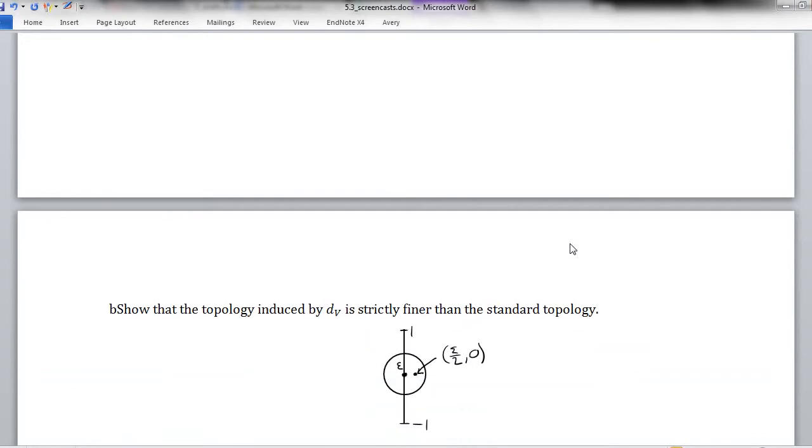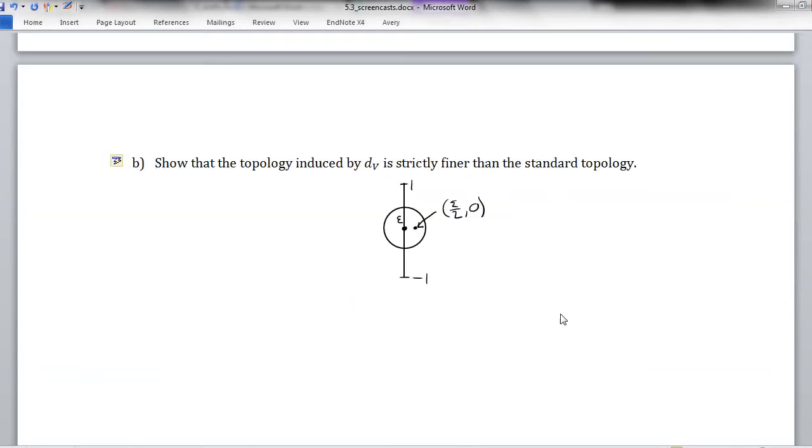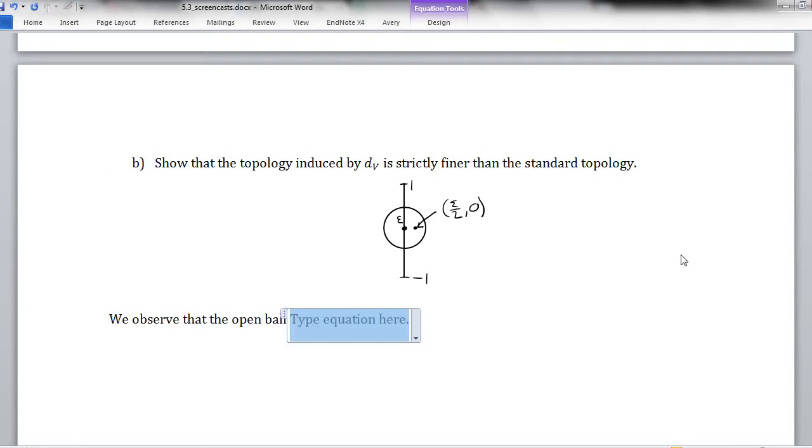All right, so let's try to show that the topology induced by d sub v is indeed strictly finer than the standard topology. And there's my picture. So let's observe that the open ball with respect to this metric about the origin of radius 1, which is what I've tried to draw here, this vertical interval.